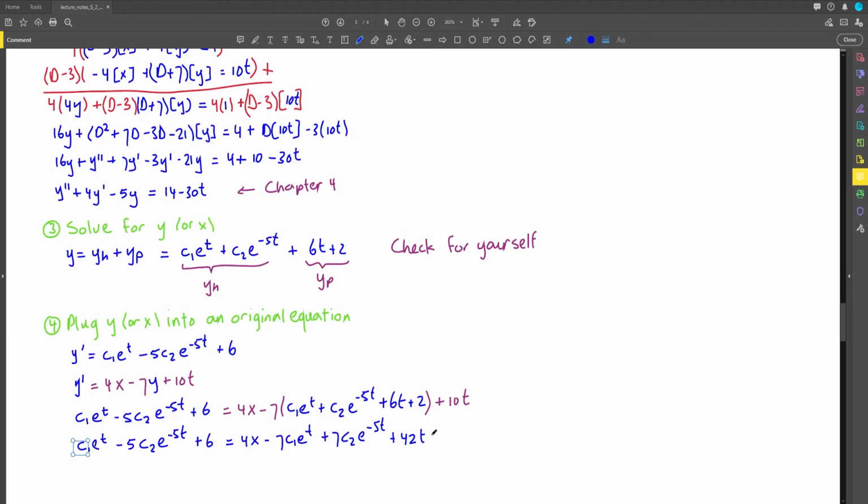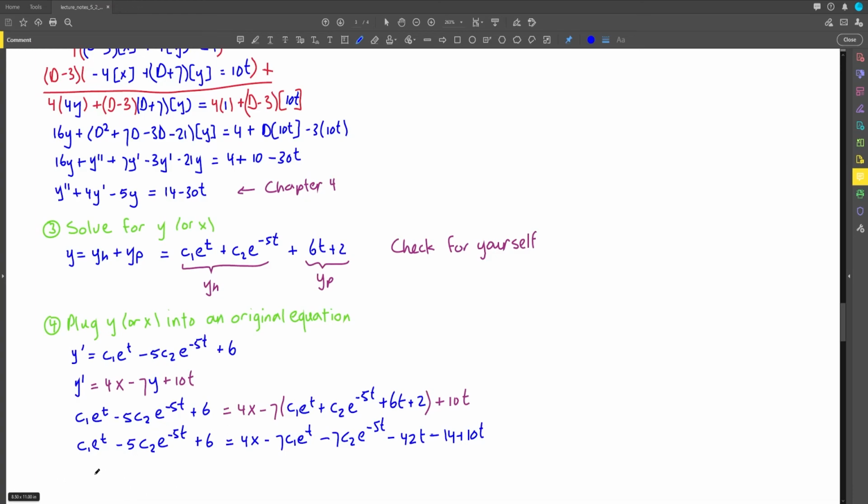sorry, these are minuses. So I have minus 7c1 e to the power t, minus 7c2 e to the power negative 5t, minus 42t, and then the last one is minus 14, plus 10t.